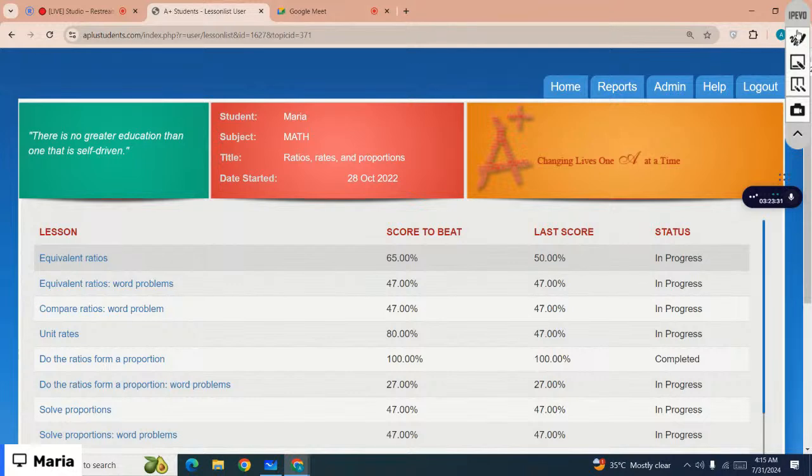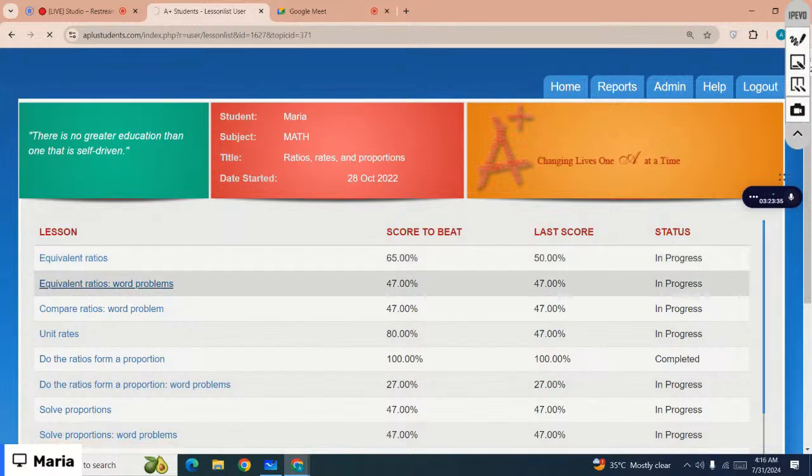The next lesson is equivalent ratios, word problems. Let's start with the lesson.